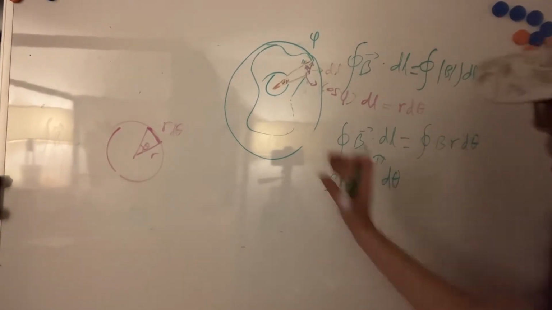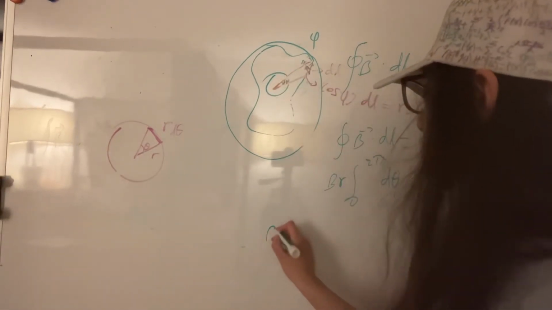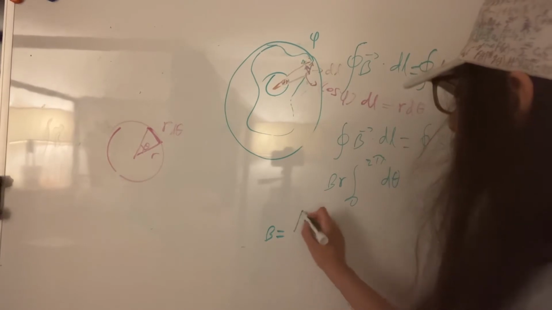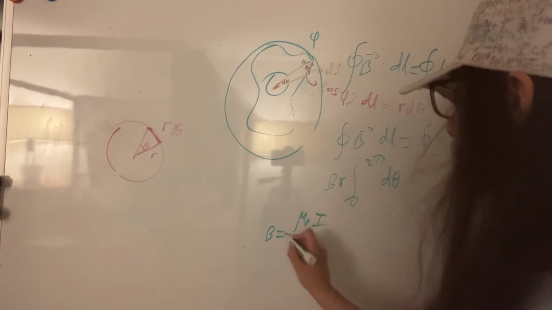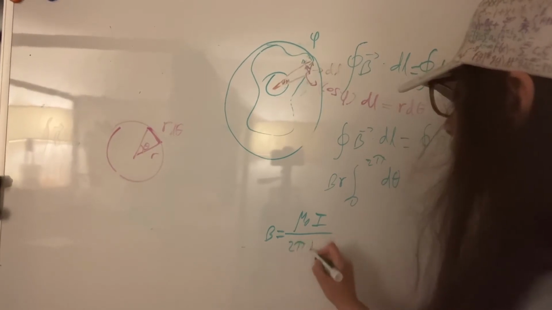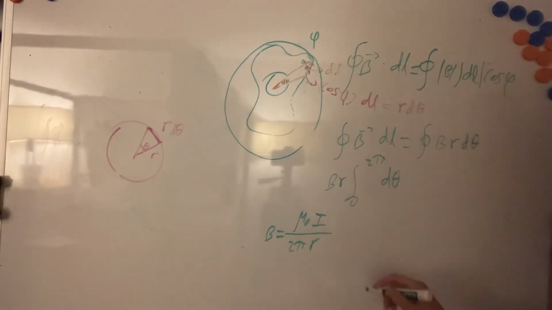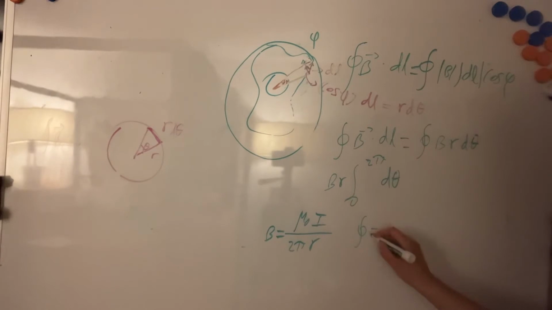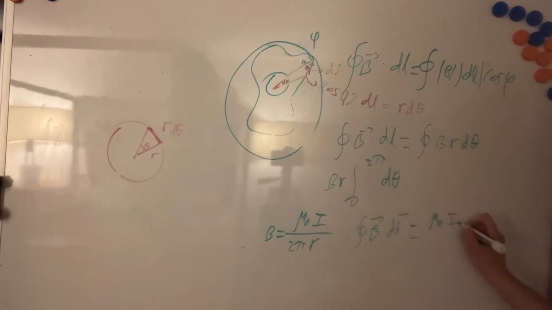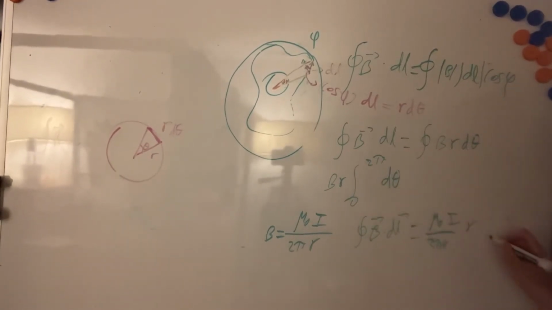Now remember that for a circular conductor, in the previous video we saw that the magnetic field is the magnetic permeability times the current divided by 2 pi r. So here we have the closed loop integral of B dot dl is equal to mu naught I over 2 pi r times r, times 2 pi.